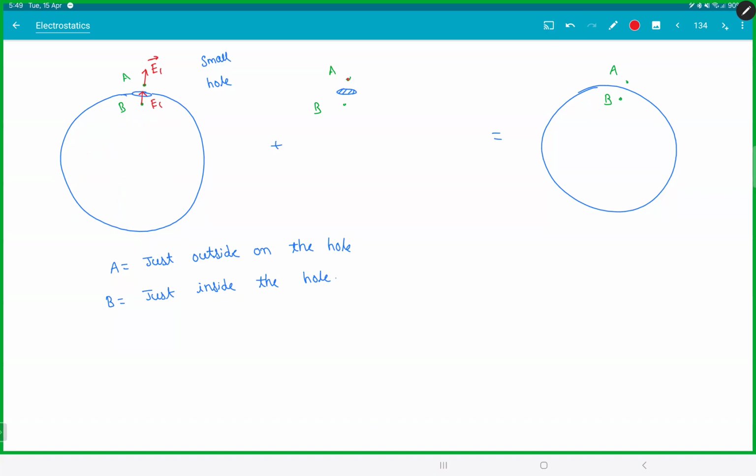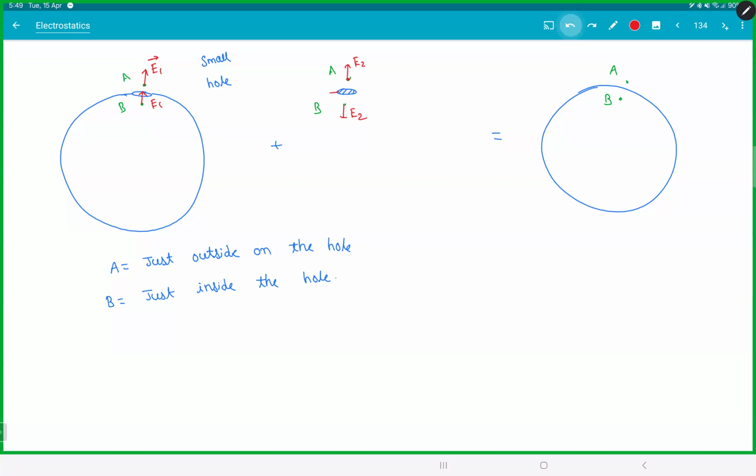Great. Now for this small patch, this will be E2 and this will be E2, opposite to each other. Why? This patch is like a small charge, isn't it? What will a positive charge do? It will push the field away from both sides, isn't it?